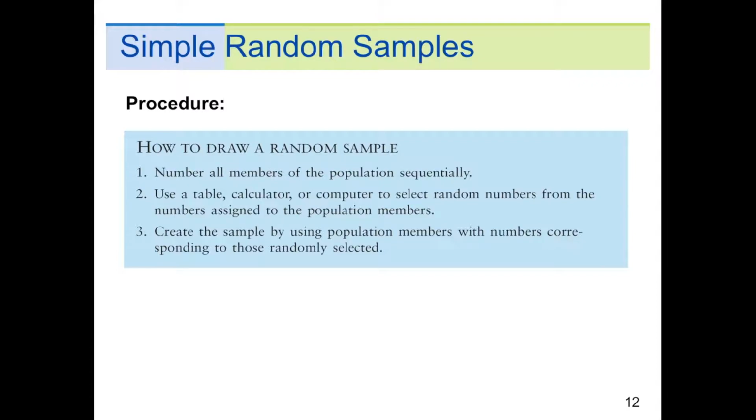I'll be showing you how to use that. And you can also use a computer to do it as well. And number 3, create the sample by using population members with numbers corresponding to those randomly selected. So you take your people and you actually give them numbers. That way you can order them with numbers.